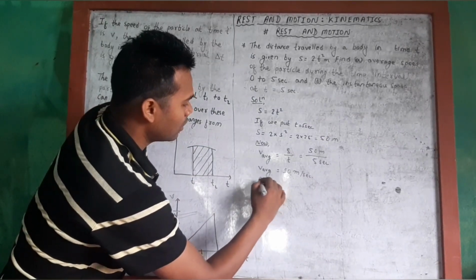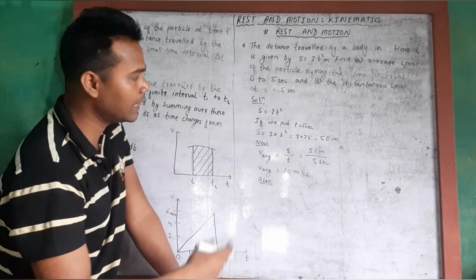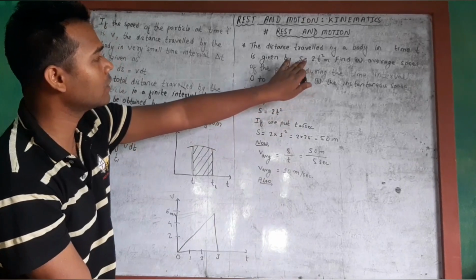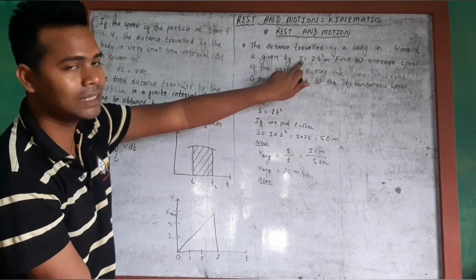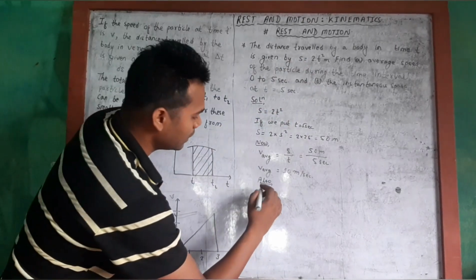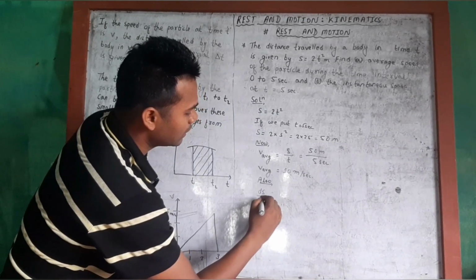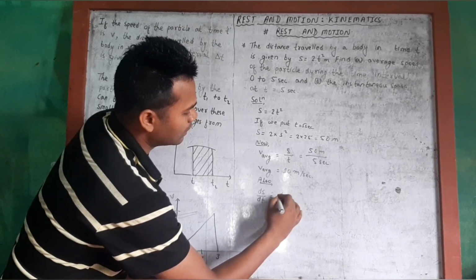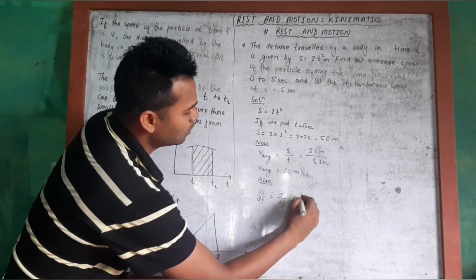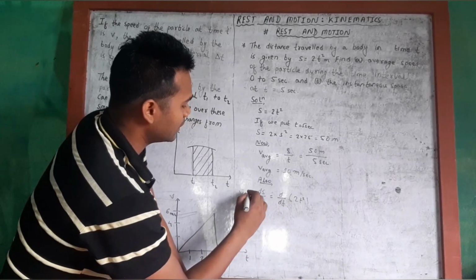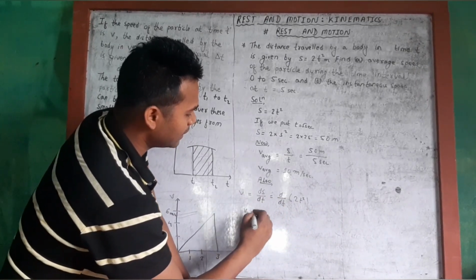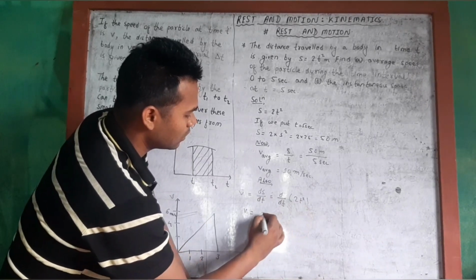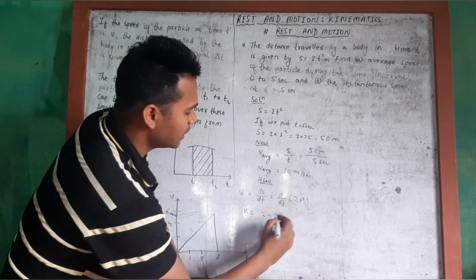Also, we know the instantaneous speed is given by the derivative of distance with respect to time. That's why here ds by dt is equal to d by dt of 2t squared. Here this is the instantaneous speed. Therefore, instantaneous speed is equal to 2 into 2t.